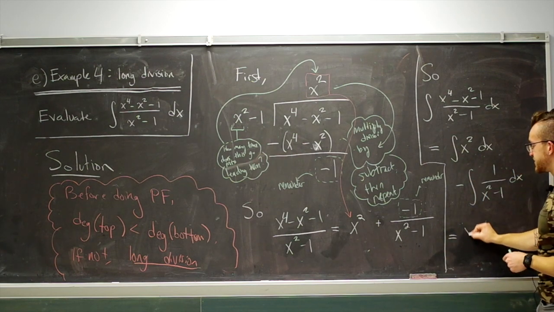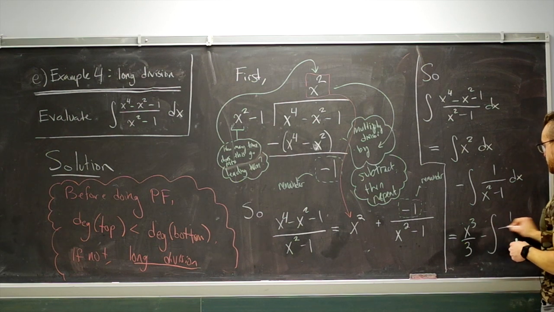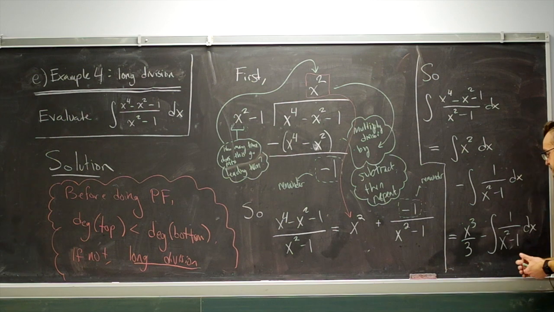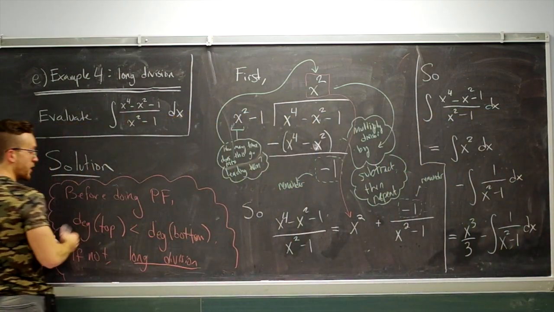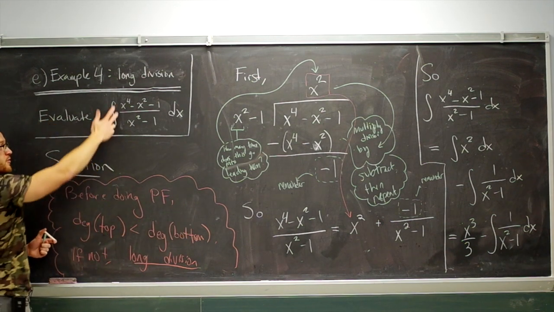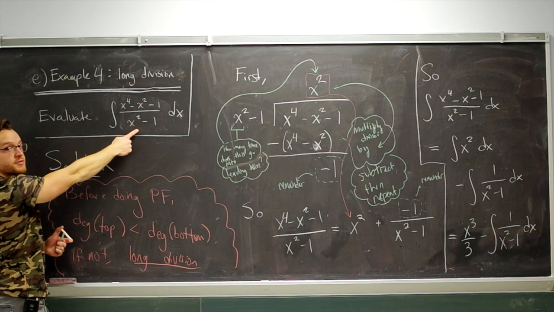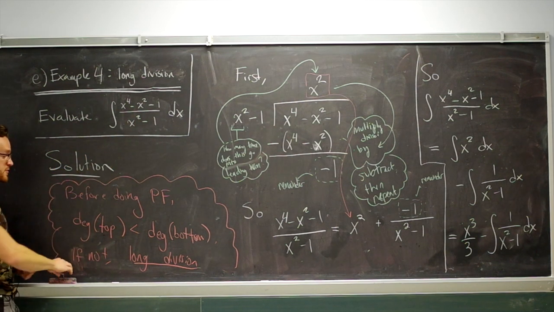Integrating x squared is easy. And so all we have to do is figure out this antiderivative. This is where the partial fractions is going to happen. So I'll continue that over here. But this is the key takeaway from this example, that when the degree of the top exceeds or equals the degree of the bottom, you have to do this long division algorithm first.